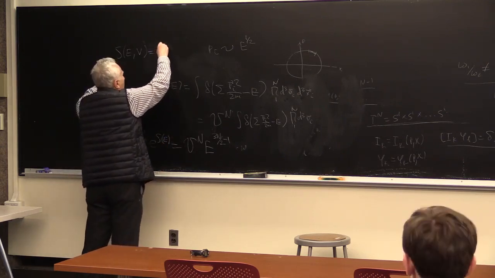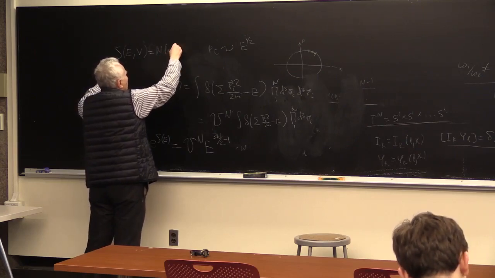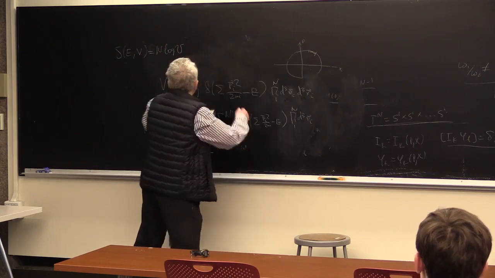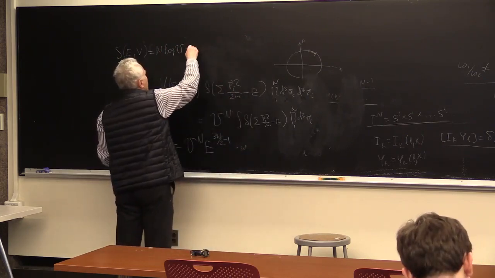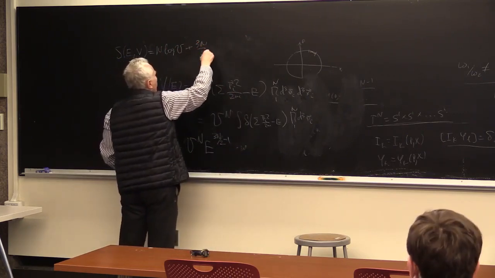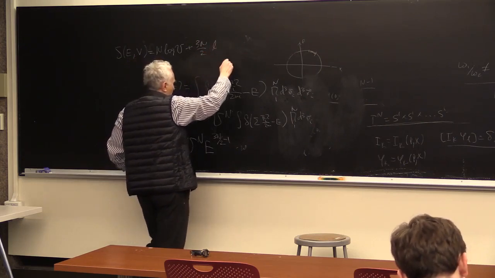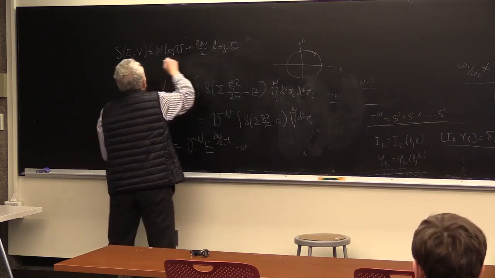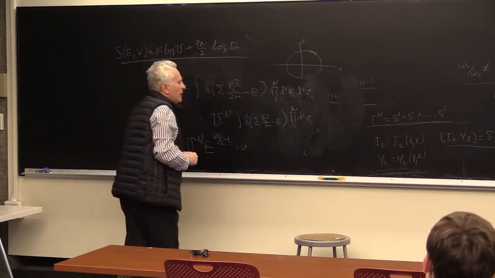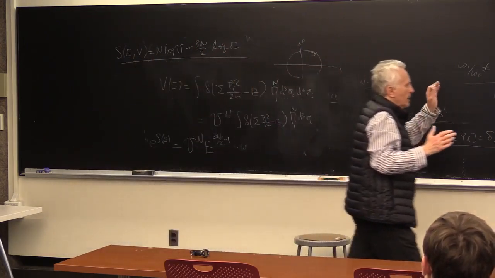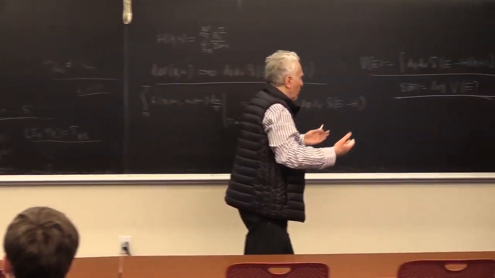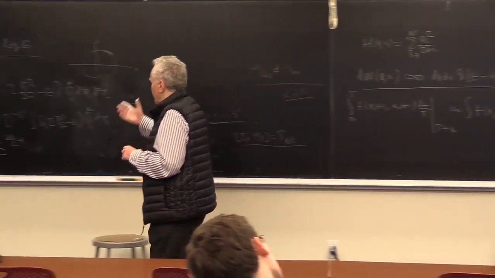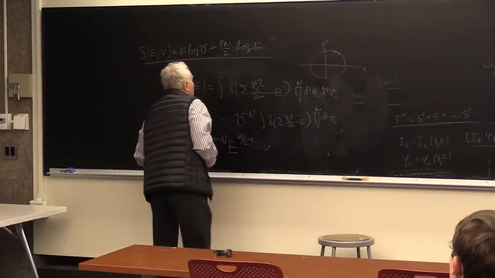It's n logarithm of the usual volume plus 3n divided by 2 times logarithm of the energy. And from here, we can immediately derive all the thermodynamics of the ideal gas, the gas without interaction.